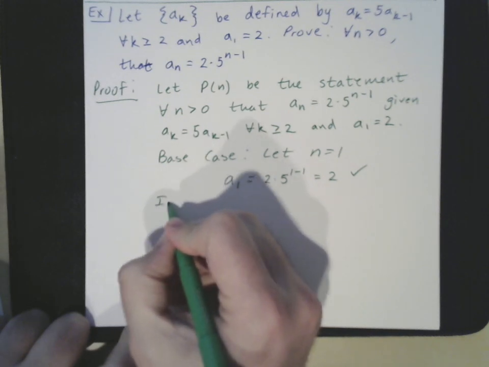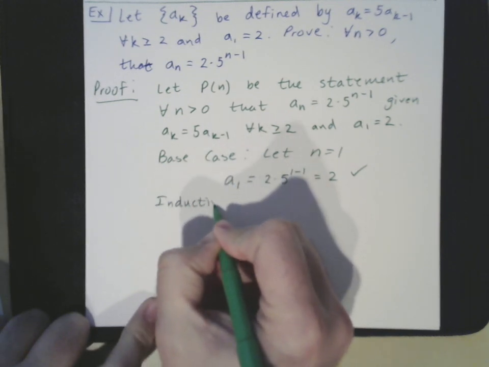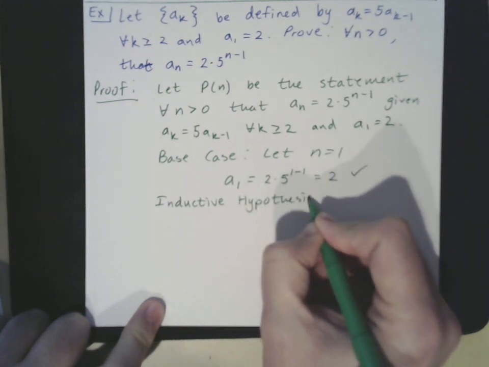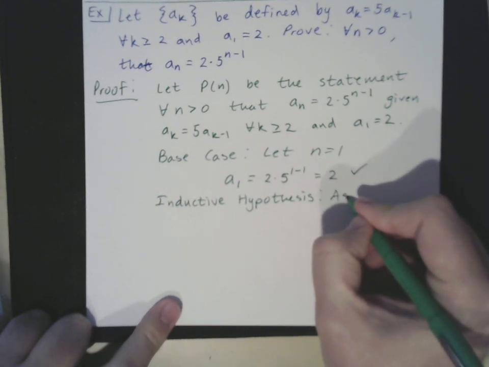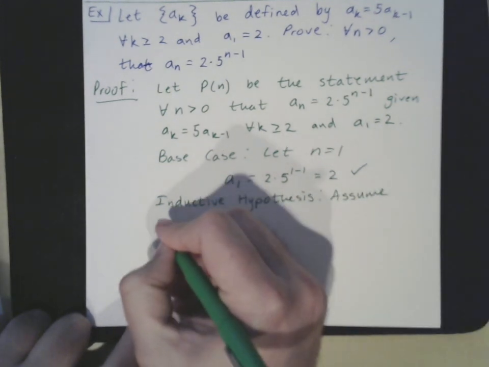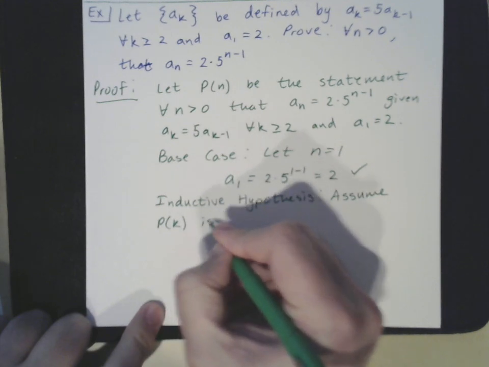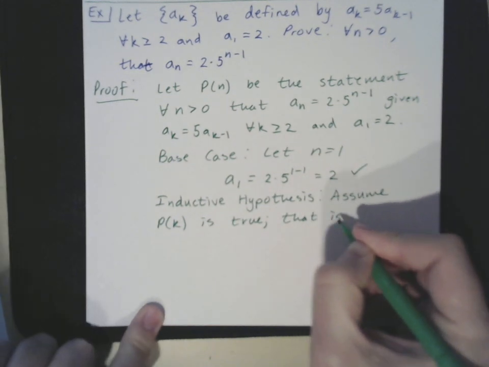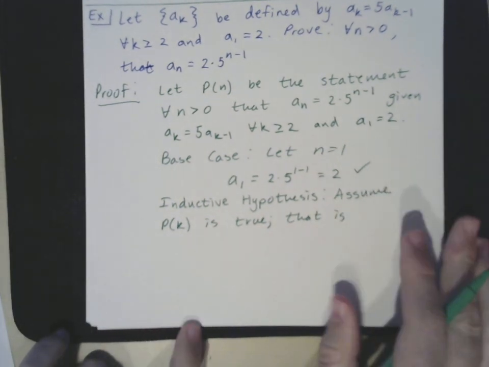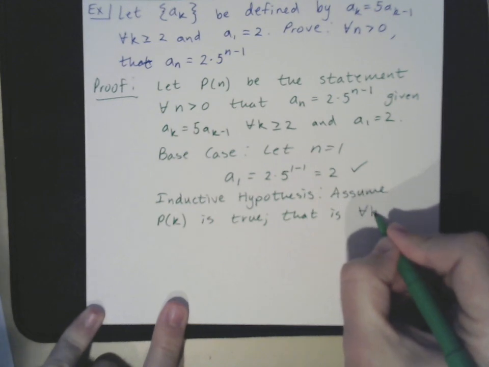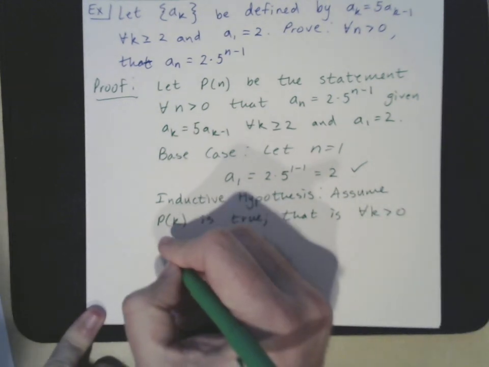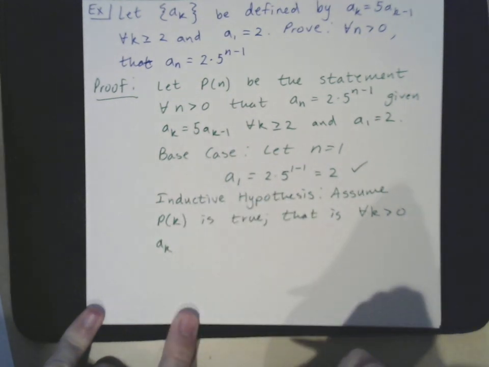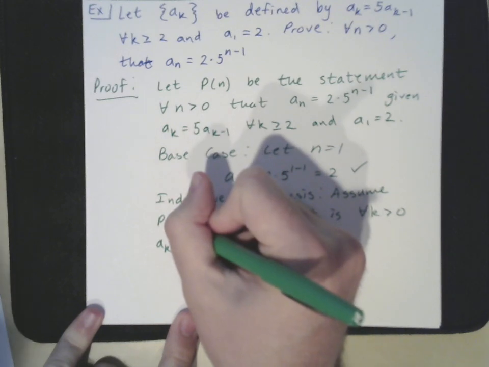So then our inductive hypothesis will be to assume P of k is true. That is, for all k greater than 0, a sub k... I should probably not use k, right?